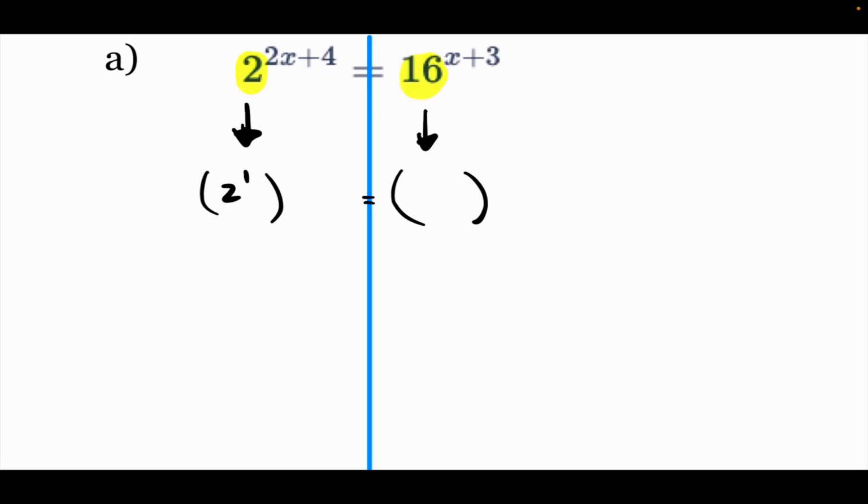I can't do anything else. Can I rewrite 16 so that it's 2 to a power? 2 to the fourth power. Now notice, I haven't changed 2. 2 is still 2. 16 is still 16. I just changed the way they look.